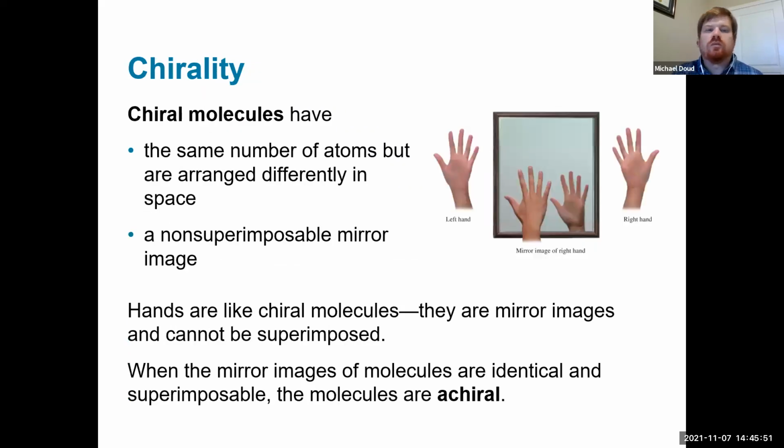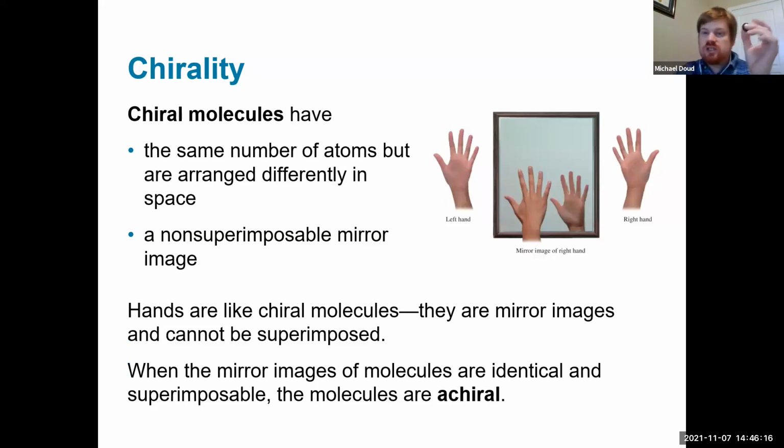Okay, so chiral molecules have the same number of atoms, again, the same bonding arrangements, but those bonding arrangements are put together differently in space. The way that we can find this is we can find a non-superimposable mirror image. Non-superimposable means you can't put one directly over the other.